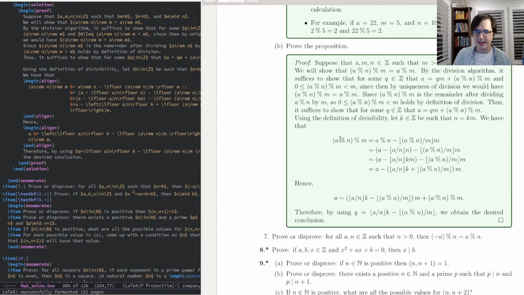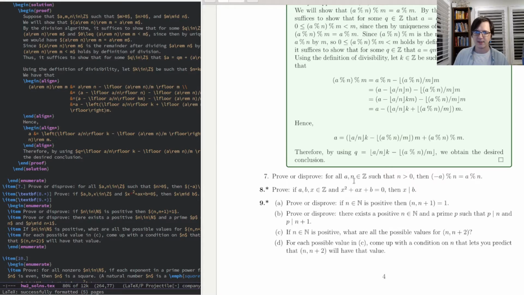But then this is saying that a mod n mod m is congruent to a mod m, which really is what we were trying to show. Because then a mod m is congruent to a mod m, or a remainder m. Okay, so that's that.